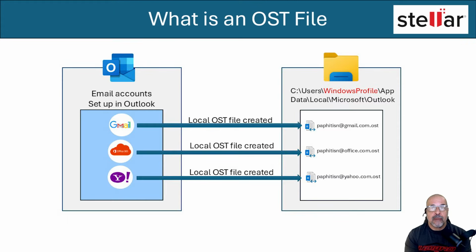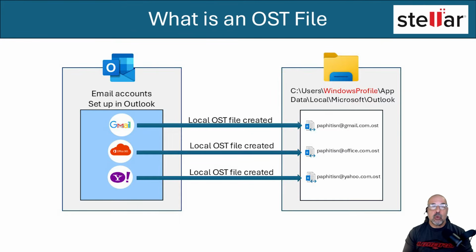All of that data is then used to authenticate you so that you can access your email inbox or your email account. All of the information from your email account, which you will see like your emails, your calendars, and so on, are now going to be encrypted in what we call an OST file.